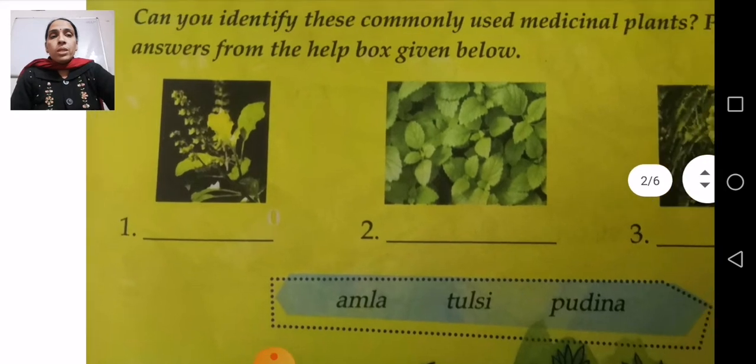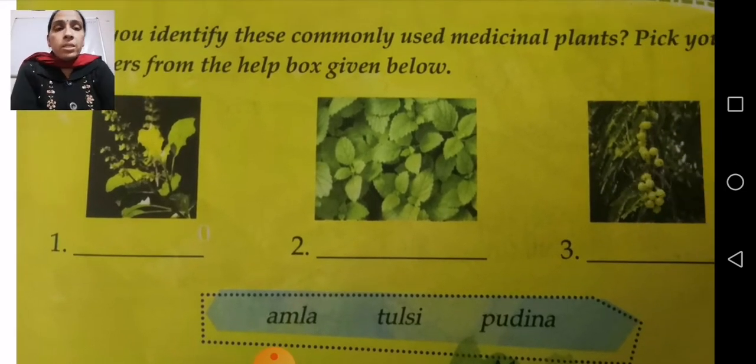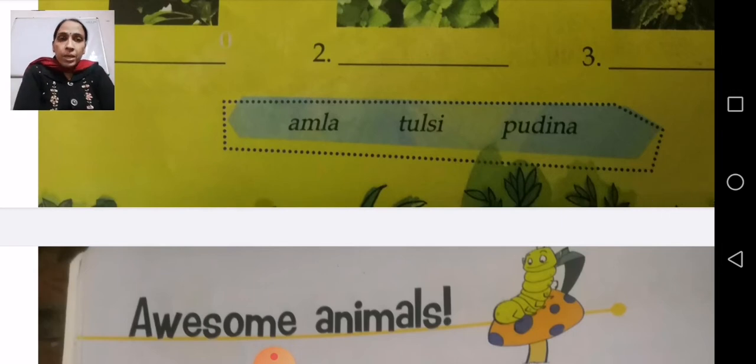So pudina, and then last but not the least, amla. You will make the amla tree separately, and that tree can be printed out.